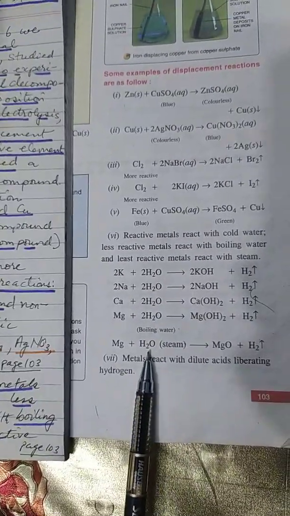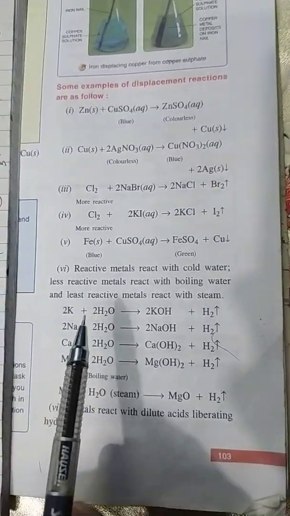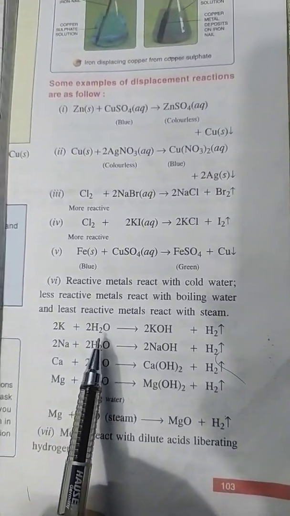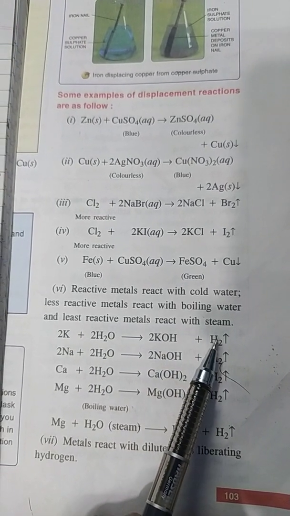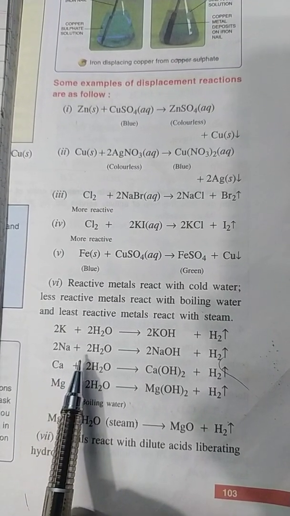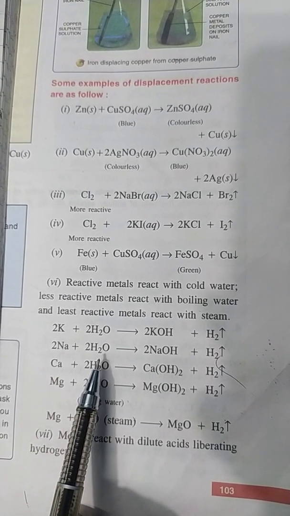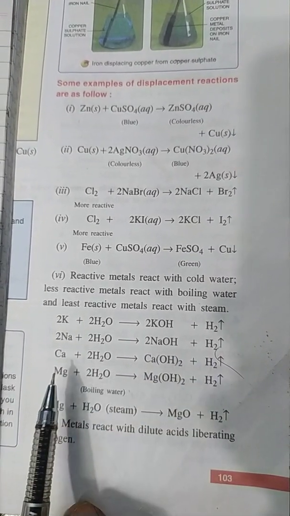Let us quickly look at these examples given here. Here we see potassium combines with cold water to give potassium hydroxide and hydrogen gas is released. Then we see sodium, also one of the most reactive metals, combines with water to give sodium hydroxide and hydrogen gas is released.